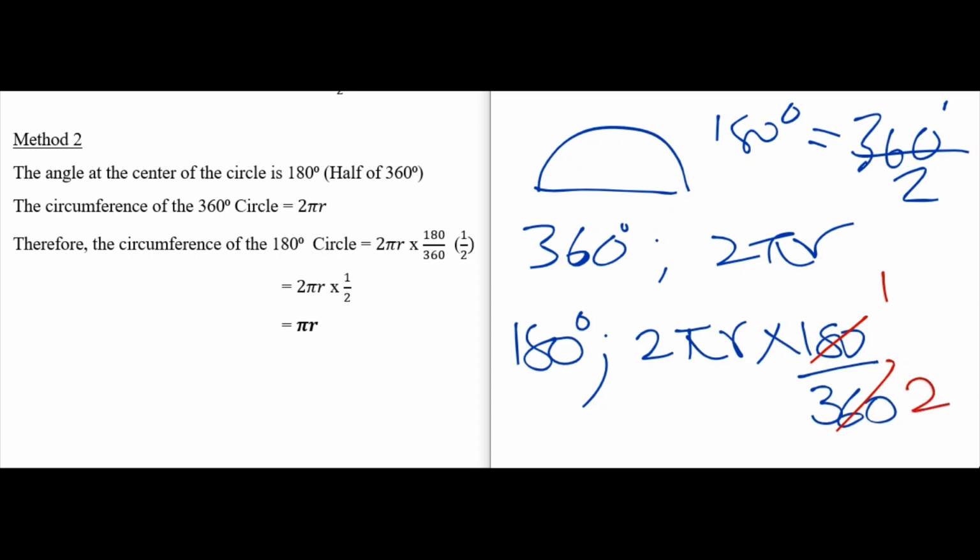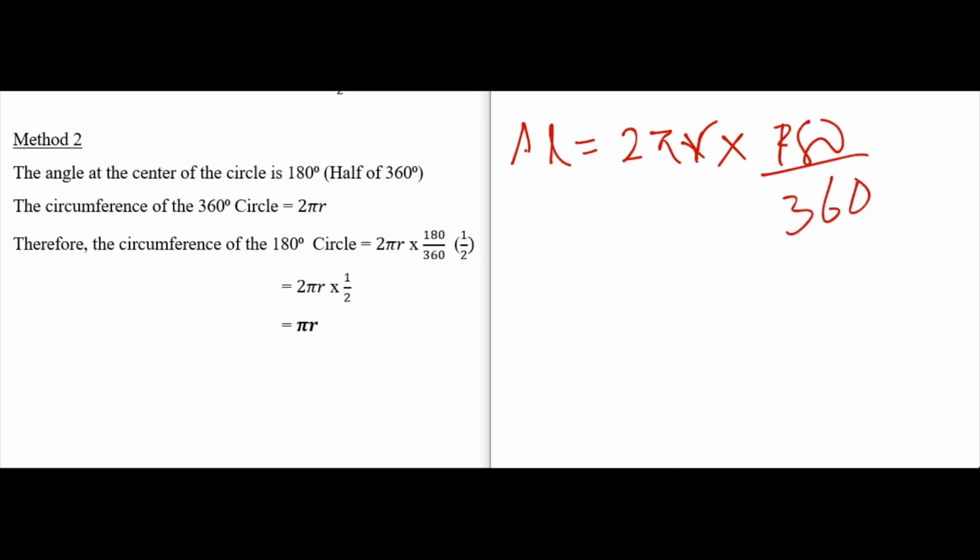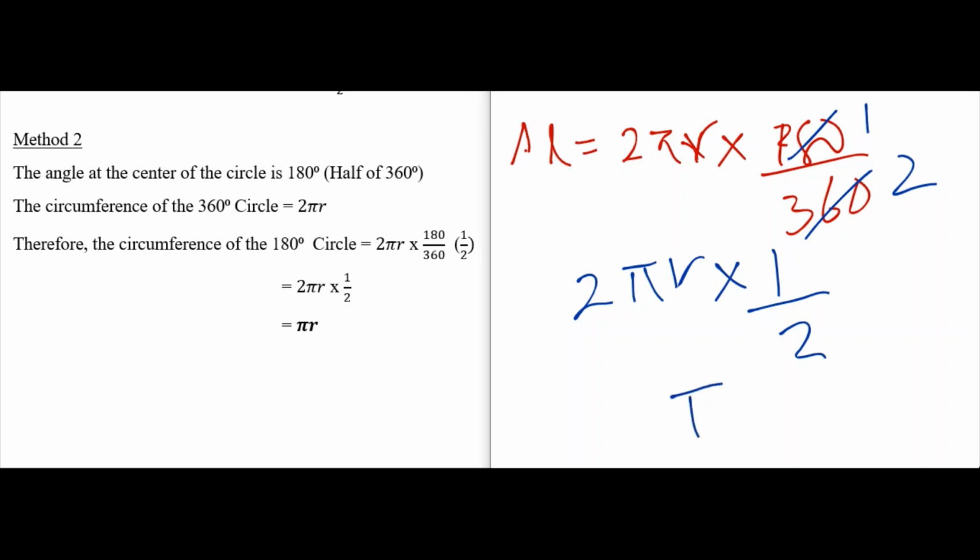Let me continue like this. We know that this arc length is going to be 2 pi r into 180 over 360, which we can cut as 1 over 2, and what remains is 2 pi r into half. Again we get the same answer as pi r. Okay, so I hope that's clear.